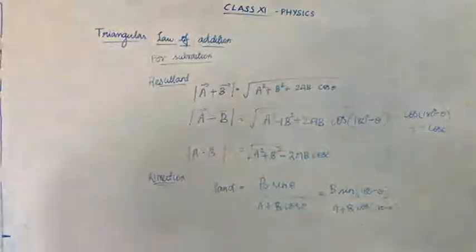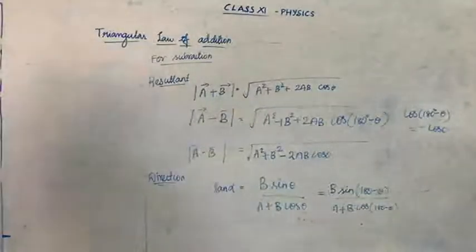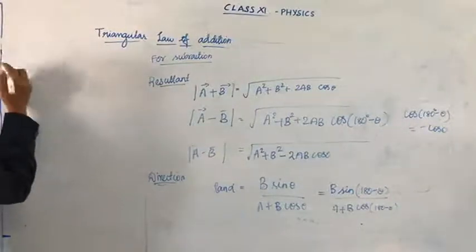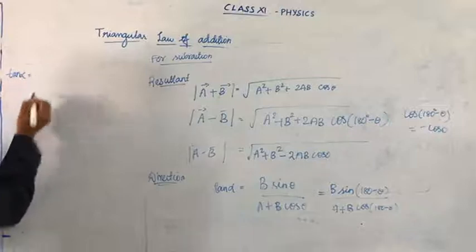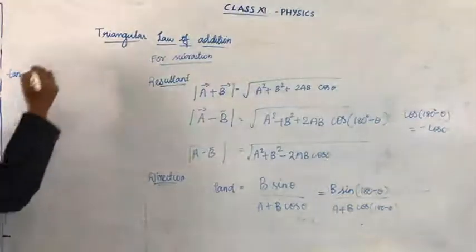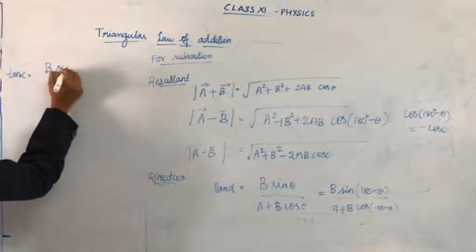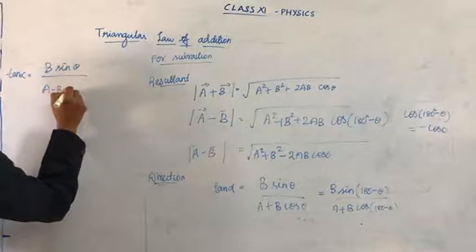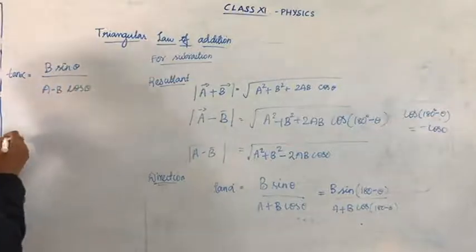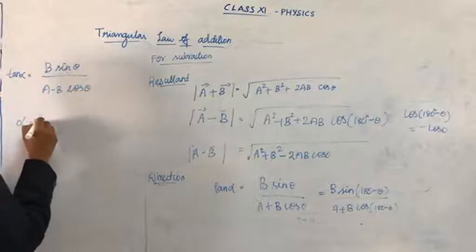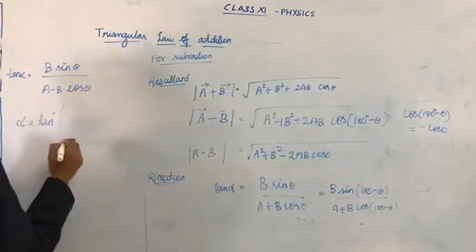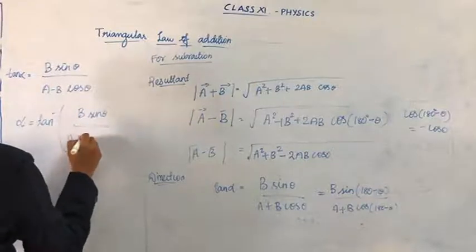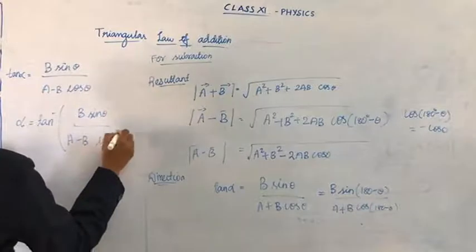In the place of theta you have to put 180 minus theta. What happens? Tan alpha equals B sin theta by A minus B cos theta, and alpha equals tan inverse of B sin theta by A minus B cos theta.